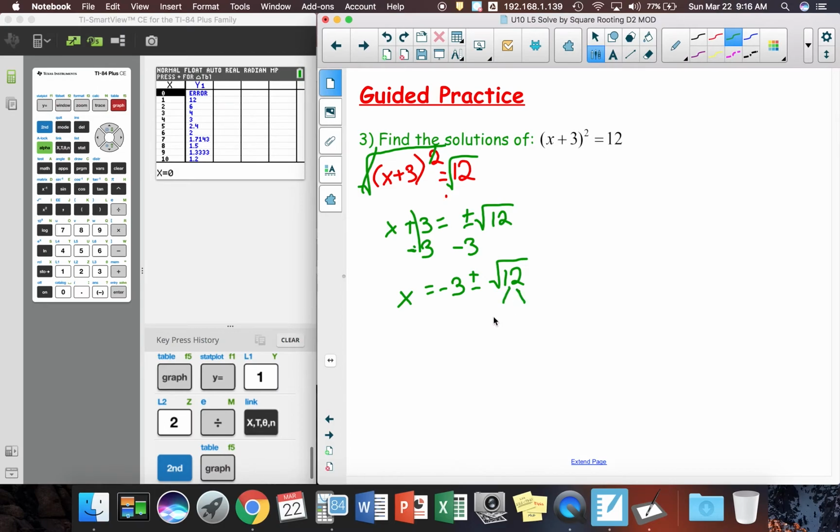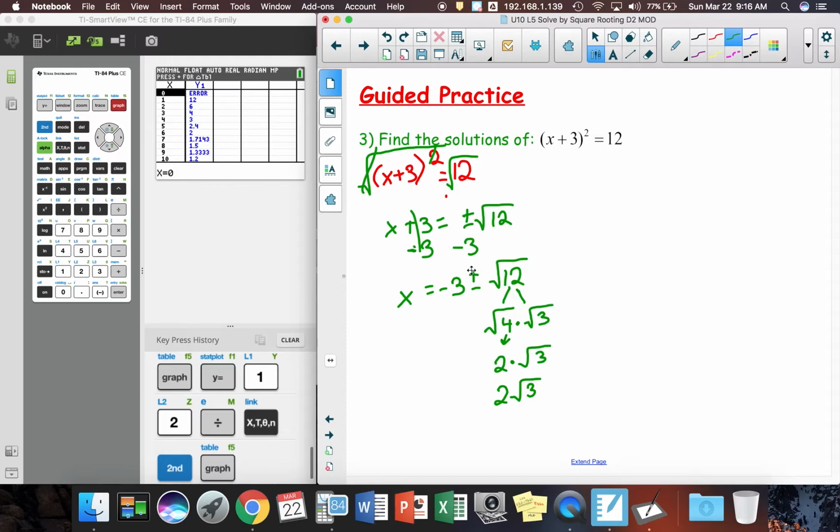Now take a look at this. This becomes radical 4. Remember, I like to keep my perfect square first. Times radical 3. This one could be simplified down though. So this turns into 2 times radical 3. So this can just be written as 2 radical 3.